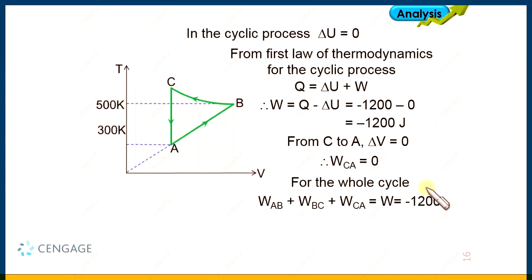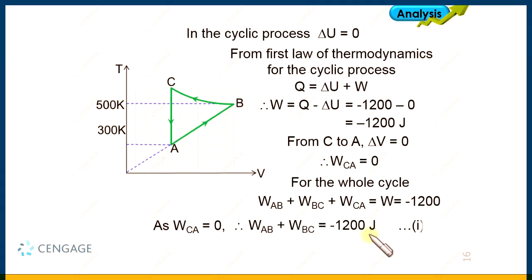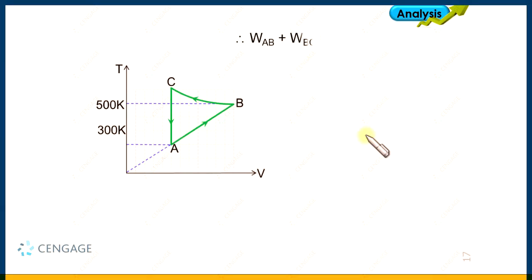And we know WCA equal to 0, that means WAB plus WBC equal to minus 1200 joule, and we write this as equation number 1.